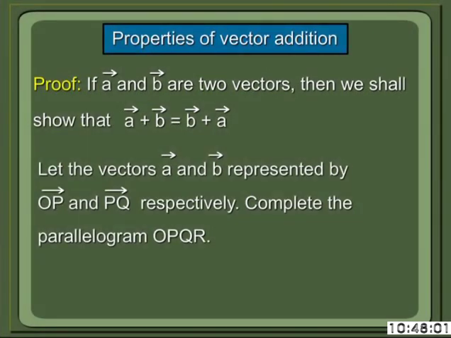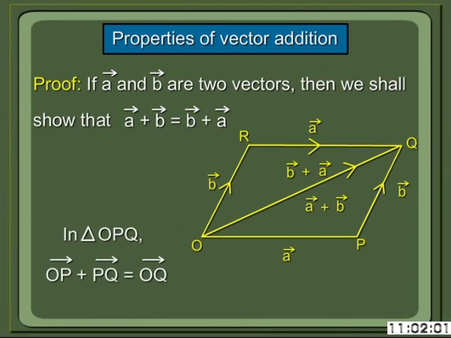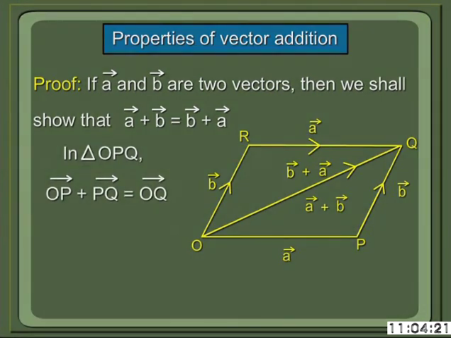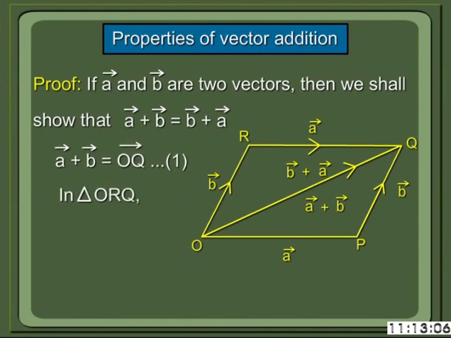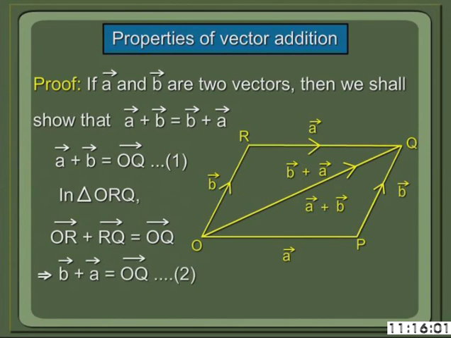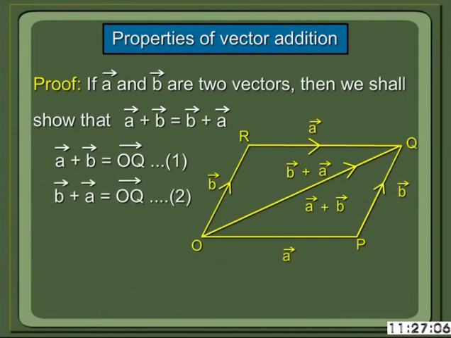Then vector OP is equal to vector RQ, equal to vector A, and vector PQ is equal to vector OR, equal to vector B. The displacement from O to Q via P is equal to vector OP plus vector PQ, which is equal to vector A plus vector B. Also, the displacement from O to Q via R is equal to vector OR plus vector RQ, which is equal to vector B plus vector A. From both the equations, vector A plus vector B is equal to vector B plus vector A. So we can say that the addition of vectors is commutative.